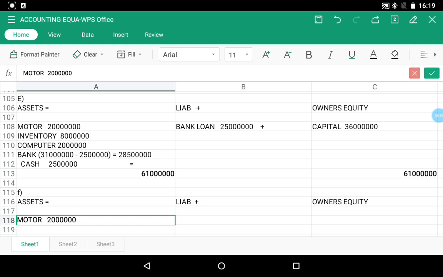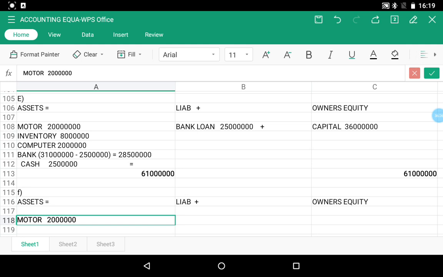It depends on the type of business you are operating, but every day you do transactions. Every transaction that you do affects your business, and even here, every transaction affects our accounting equation. That's why we state each and every transaction that we have.